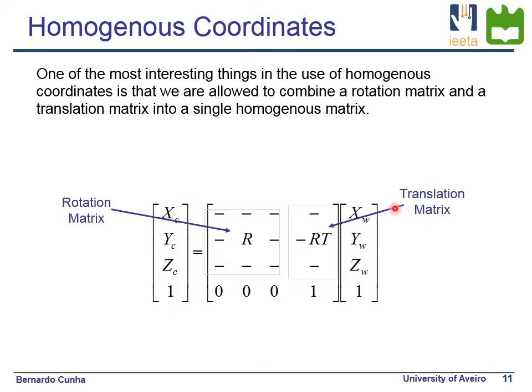Of course, this is a vector. This is also a vector, also represented in homogeneous coordinates. And the fact that we are using homogeneous matrices allows us to combine both kinds of geometrical transformations in a single matrix. And this is the second and also more important consequence of using homogeneous coordinates instead of Cartesian coordinates straight away.